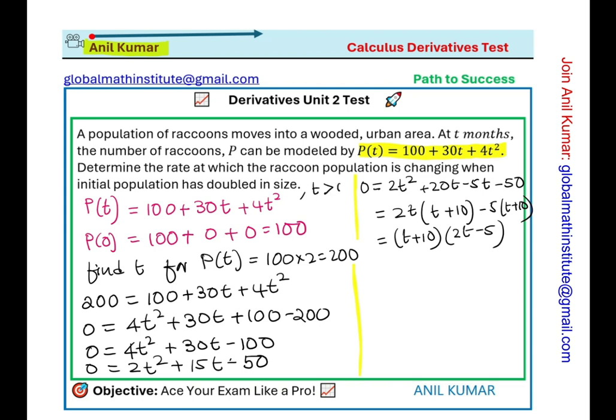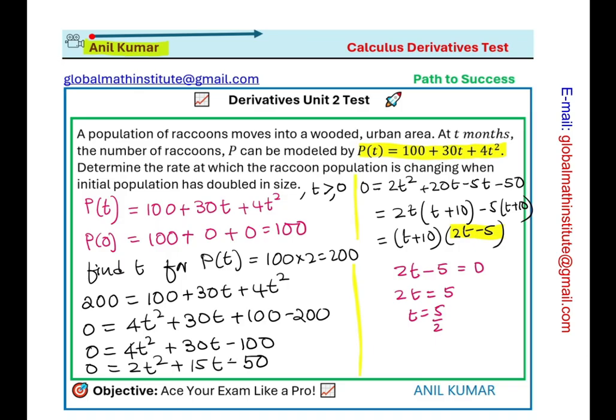So we get the second part, 2t minus 5. Let's equate 2t minus 5 to 0. So 2t equals 5, t equals 5 by 2, or t equals 2.5. So we get the time when the population will be doubled, right? Now at this point, we need to find the rate of change. Let's do it.